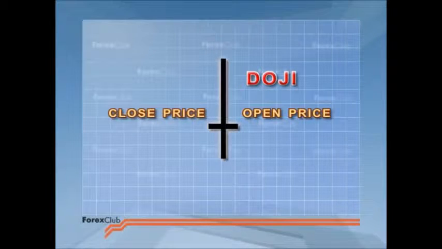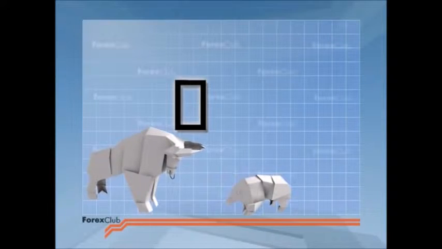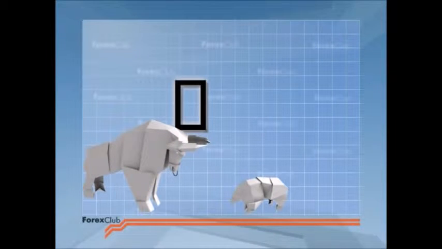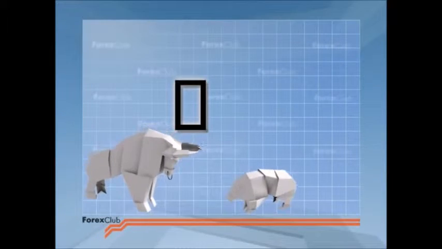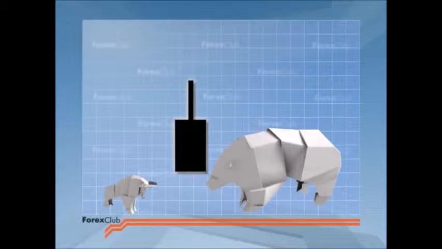Let's take a closer look at the conditions that form the doji. Let's say that price grows after the open. What we see forming here is known as a marubozu, which means shaven, because it doesn't have any shadows. The bulls seem to be gaining the upper hand, but then the bears counter-attack, price falls and the candlestick body turns black.